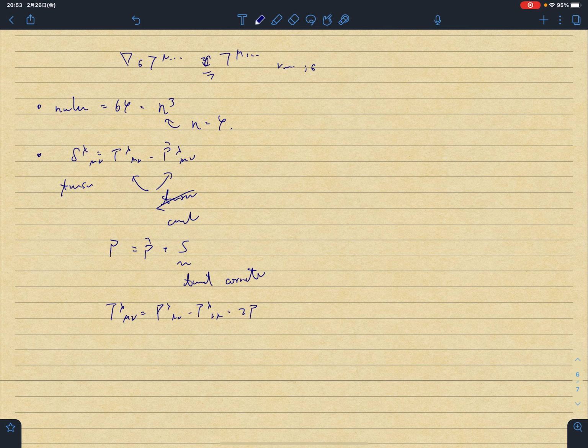Gamma mu, I think this is the torsion part.